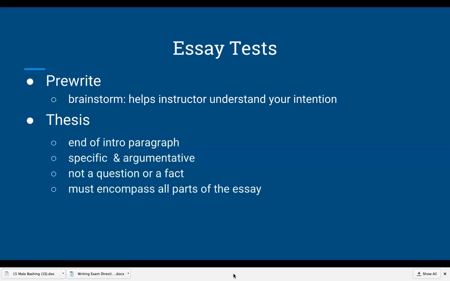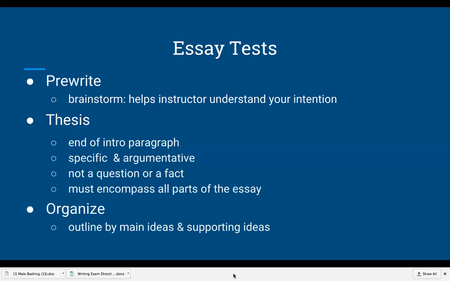So that's part of what you're learning when you're writing a thesis statement. And then, of course, creating an outline helps you to organize your ideas and to start to plan on how you will support your thesis and your argument with evidence.